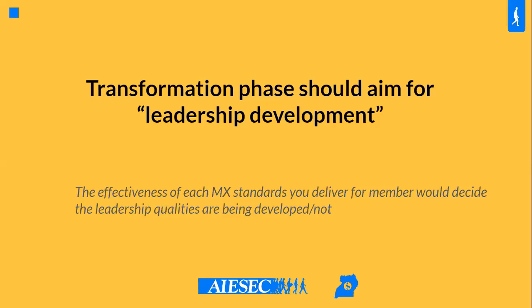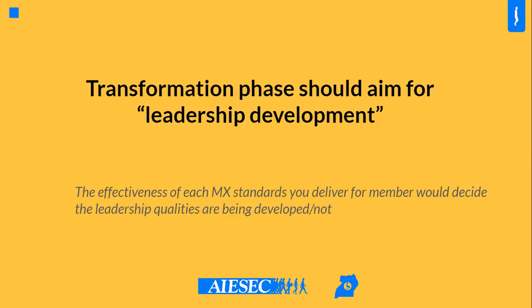So for transformation phase, we should aim for leadership development. And as talent management, this is where we come in very crucially. Our role is to ensure that we actually develop leaders. The effectiveness of each Mxp standards you deliver for members will decide the leadership quality developed or not, right?